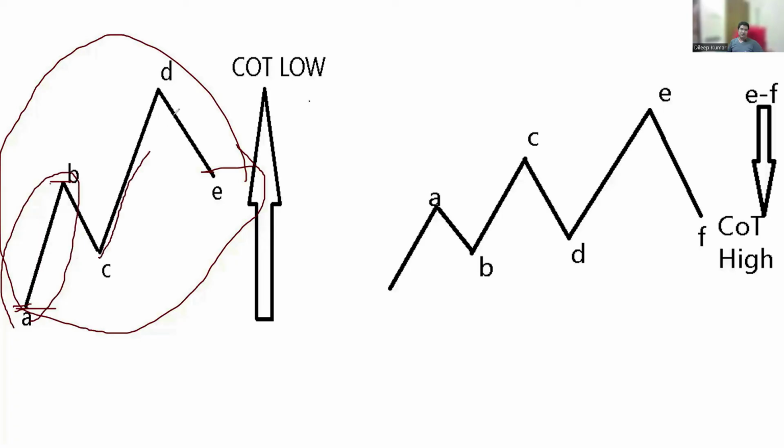From this to here, again, this will be a separate cart low. Like this, it goes on. Let's say the 5 minutes is over, and in the next candle the prices opened somewhere here and straight away went up. So this also becomes a cart low again.